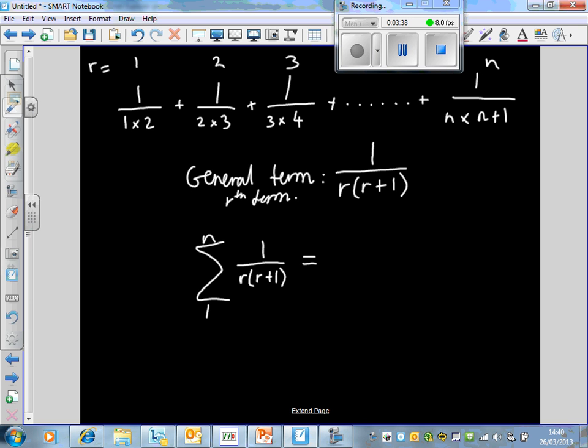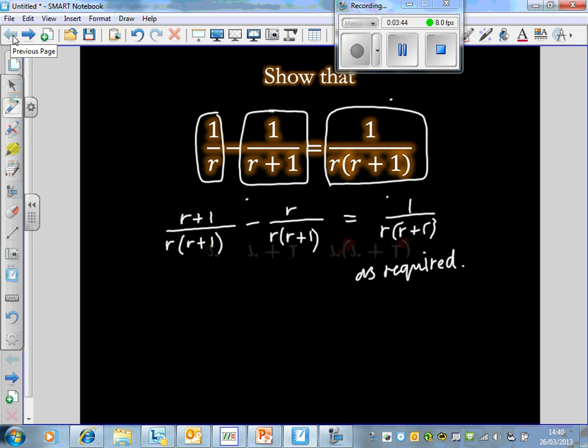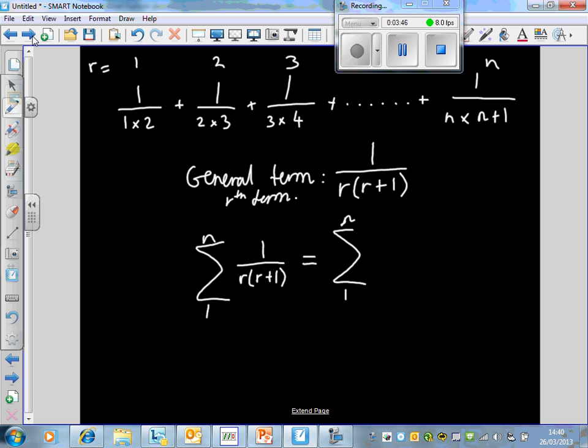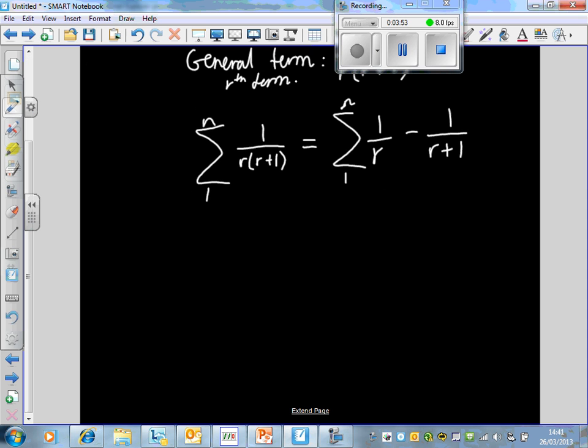Now, we knew from our starter that this is actually equal to 1 over r minus 1 over r plus 1. We want to find a formula in terms of n for what this sum is going to be. So this is our clue. There's our formula.